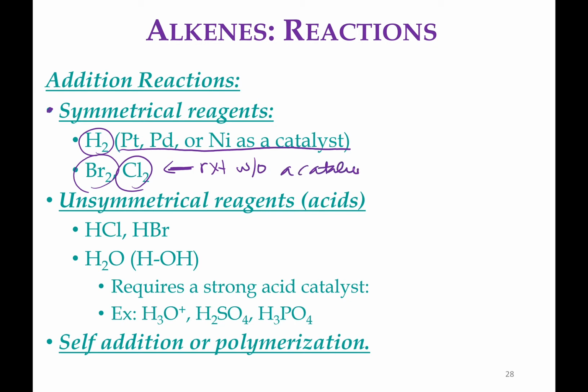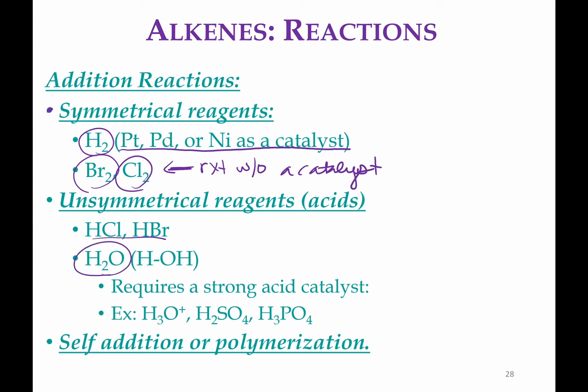So if we're in lab, we can actually use the addition of bromine to tell whether we have a saturated or unsaturated hydrocarbon. Our unsymmetrical reagents like hydrochloric acid and hydrobromic acid, these are strong acids already, so they're not going to really require a catalyst, but adding water will require a catalyst.